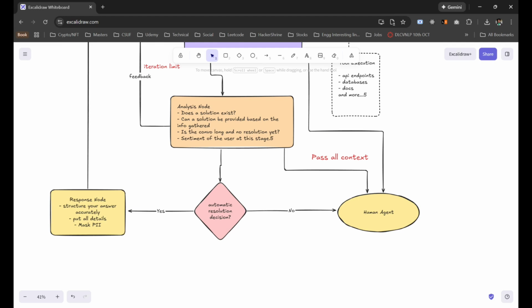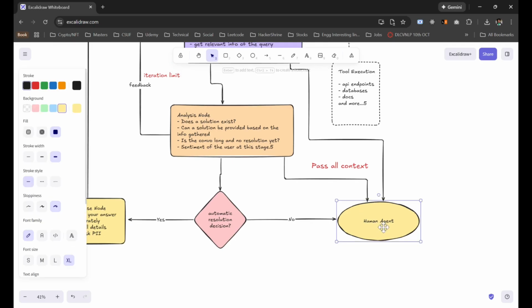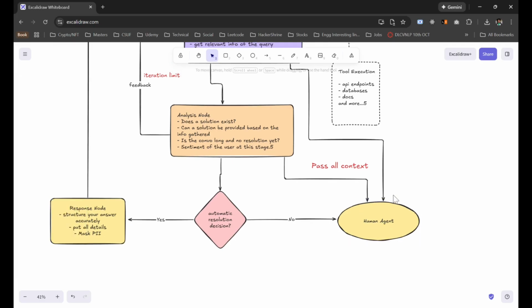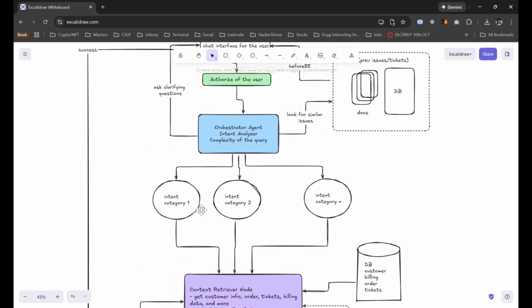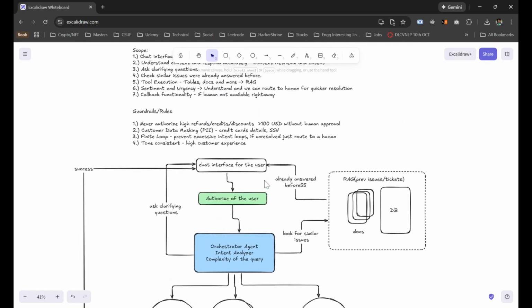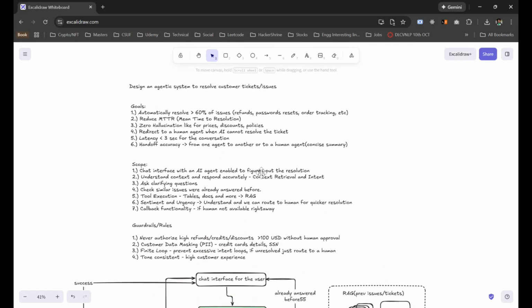You can also have a node where you're always checking the token that you have utilized till now, or the cost you are utilizing for this particular system. If it is exceeding a particular threshold, you shouldn't go ahead, just move it to a human agent and maybe that person can solve it. So this is the design for a customer ticket resolution.